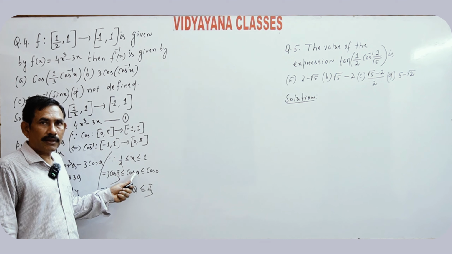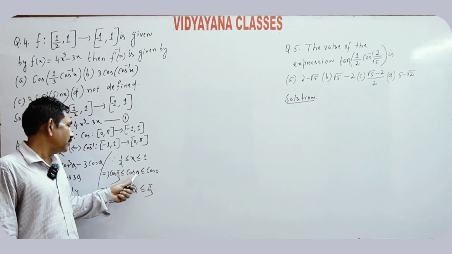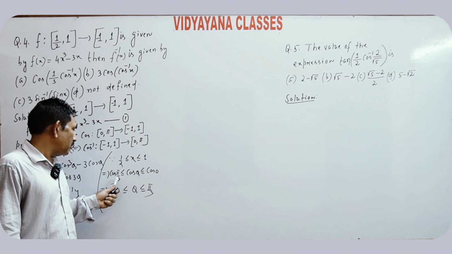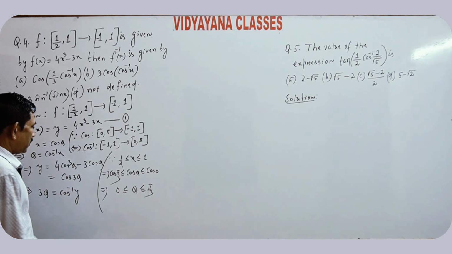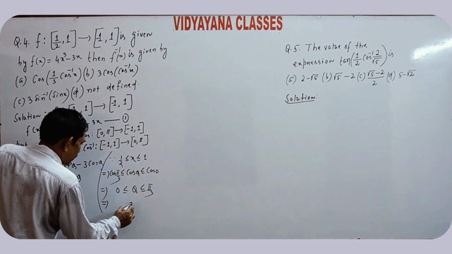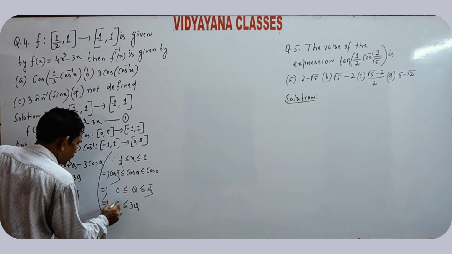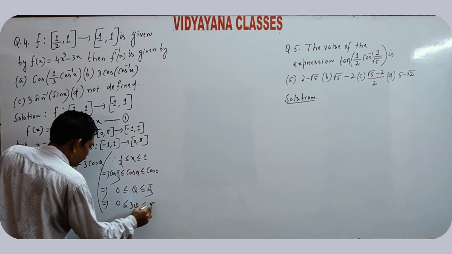So theta is greater than or equal to 0 and less than or equal to pi by 3, which implies 3 theta is greater than or equal to 0 and less than or equal to pi.